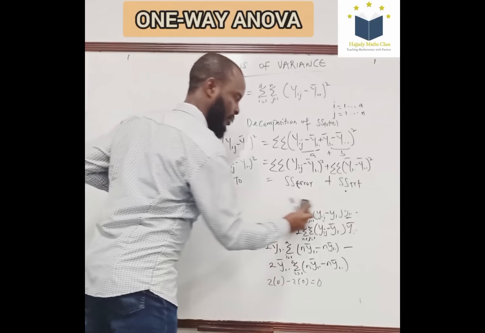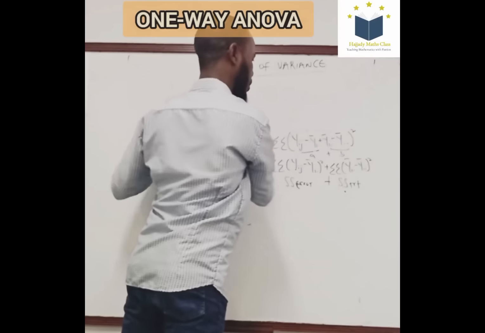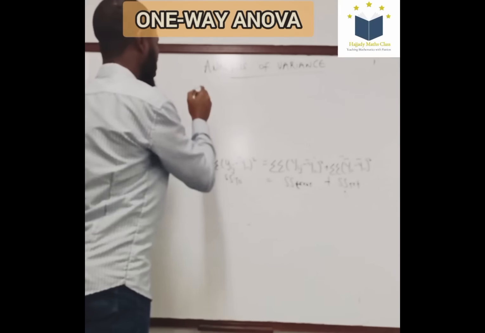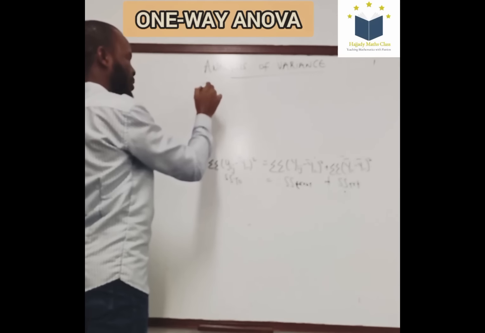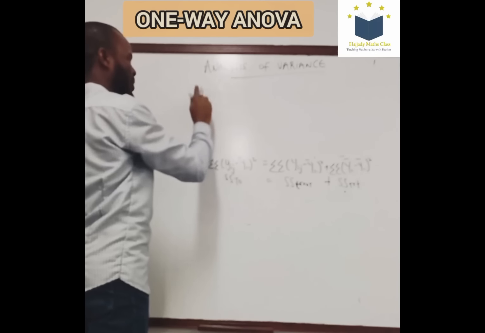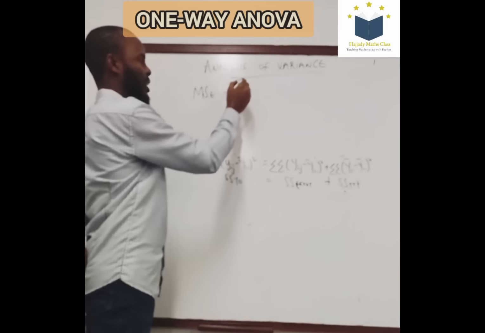So I'm going to do this. So we have our mean square total. So there's nothing like mean square total, mean square error, which is also known as what?